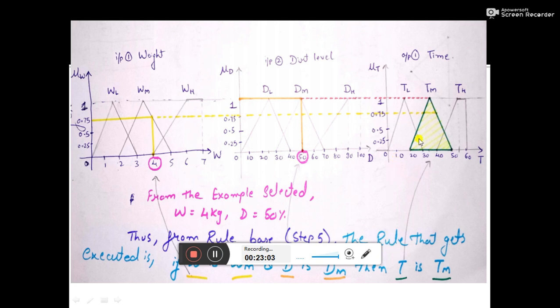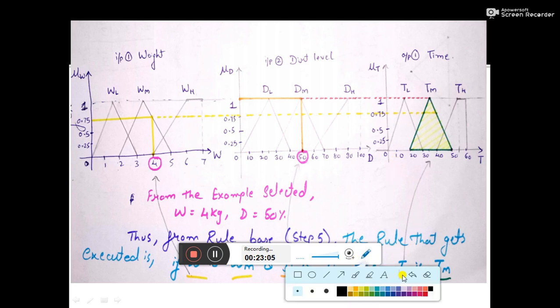Okay, so the area which will come into picture is this one. Let me show you. So this will be the triangle which will be coming into the picture. So it depends upon the value of cutting.